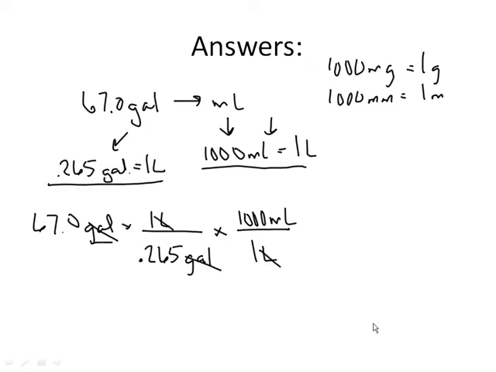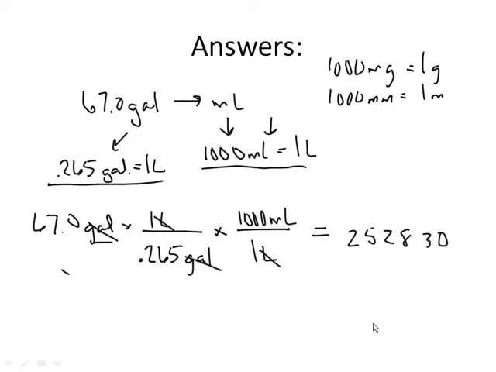So liters goes away. And when I'm done, which you should already have been done, 67 divided by 0.265 times 1,000 gives me a pretty big number. I get 252,830, which is a lot of sig figs.